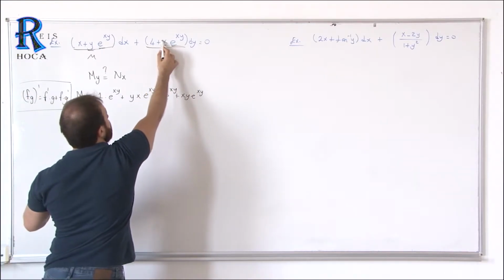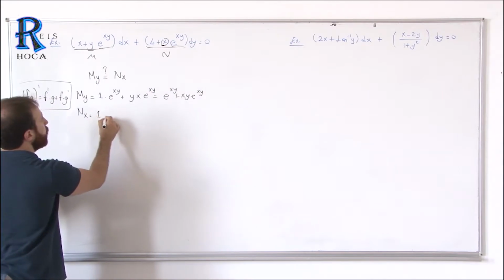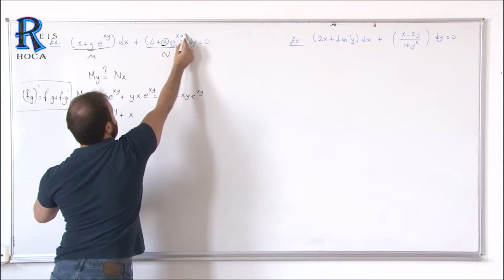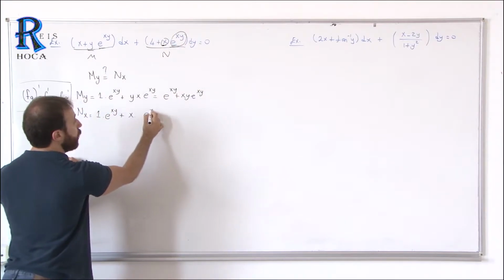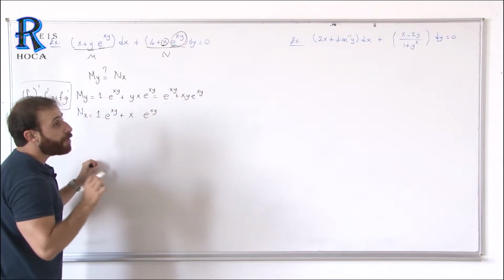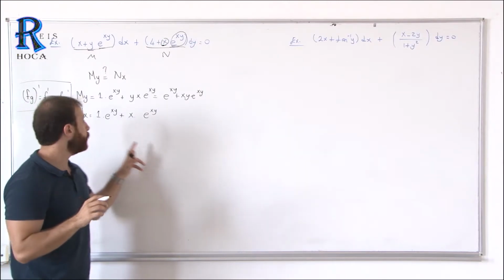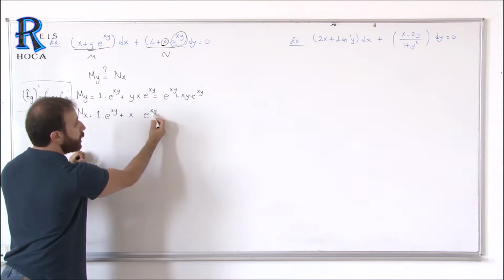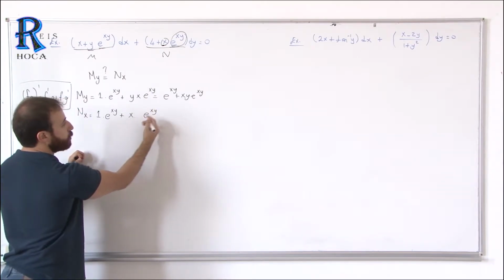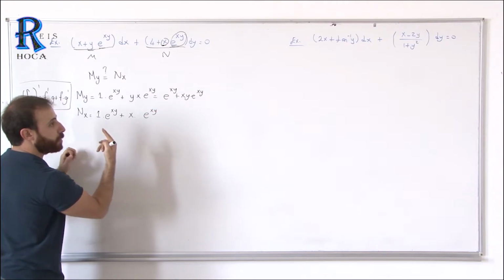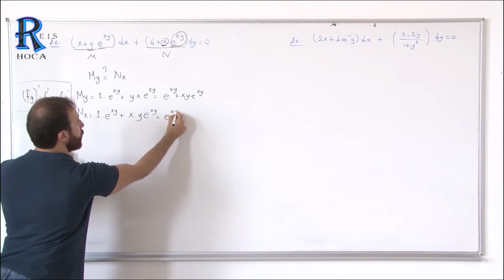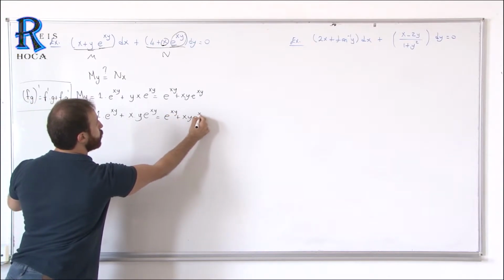Derivative of first with respect to x is 1 times second, and the first one, that is x, times derivative of second itself, yes, the same function. Now you will take the derivative of power xy with respect to x, derivative of x is 1. 1 times y equals y. So e^(xy) plus xy e^(xy).